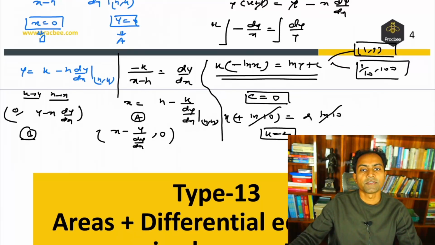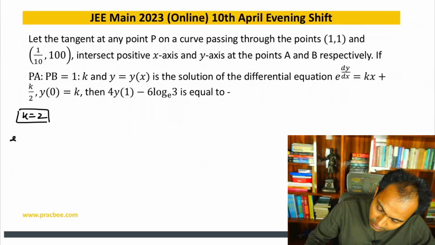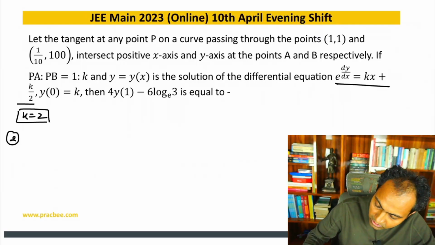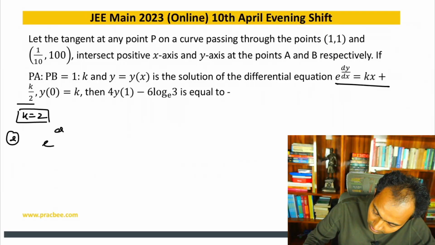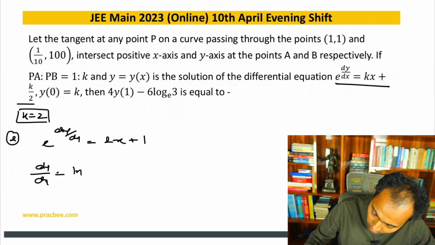The first part we have successfully solved. Now let us move to the next part. Now in the second part, we have been given an equation that looks like this: e raised to the power dy by dx is equal to k, that is nothing but 2x plus 1. If I write the value of dy by dx, it will be log of 2x plus 1.